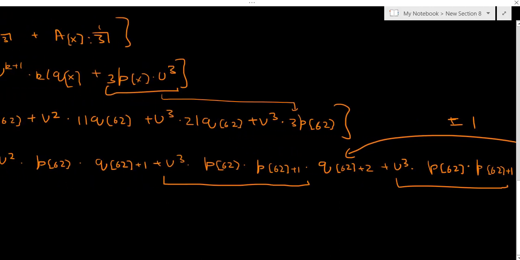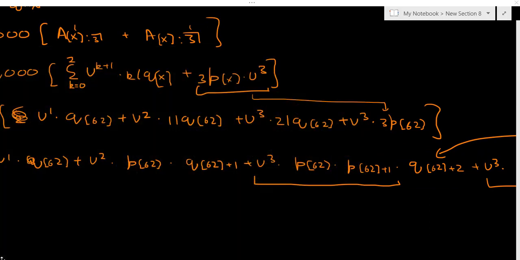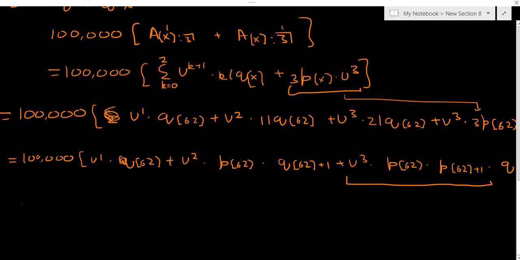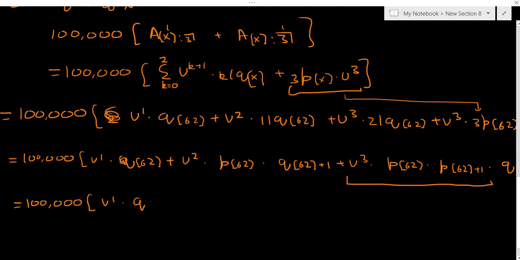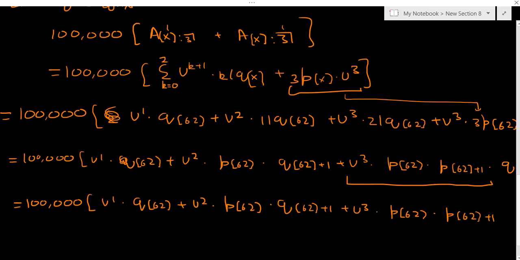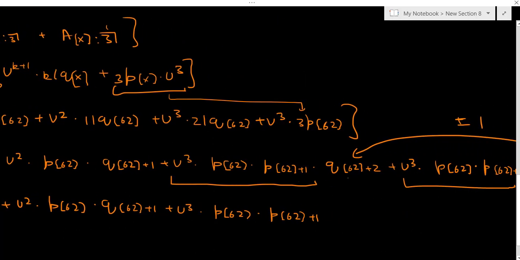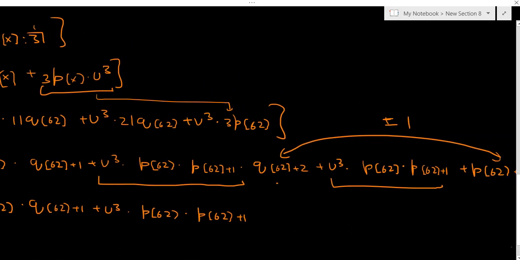So this just becomes 100,000 into v to the power of 1 into q62, plus v square into p62 into q62 plus 1, plus v to the power of 3 into what I have taken common, which is p62 into p62 plus 1, and inside I just have this plus this factor, right?